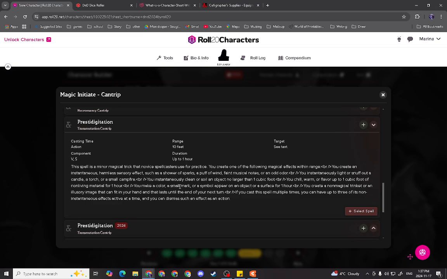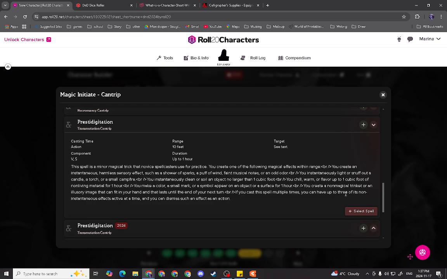There are different things that you can do with this one. You can light or snuff out a candle, a torch, or a small campfire. You can clean or make dirty an object that you want. You can make cold, warm, or give flavor to an object. You can create a color, mark, or symbol appear on an object. Or you can create a trinket or illusion that can fit in your hand.